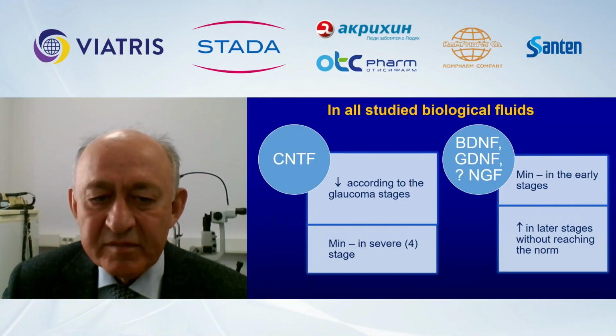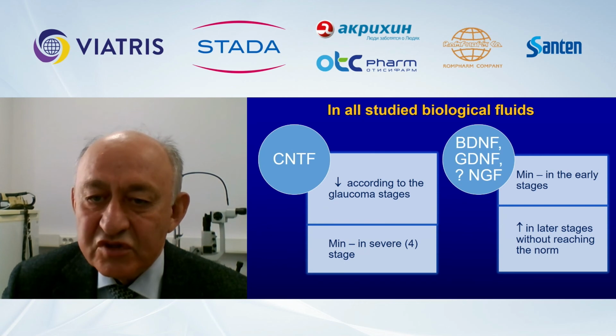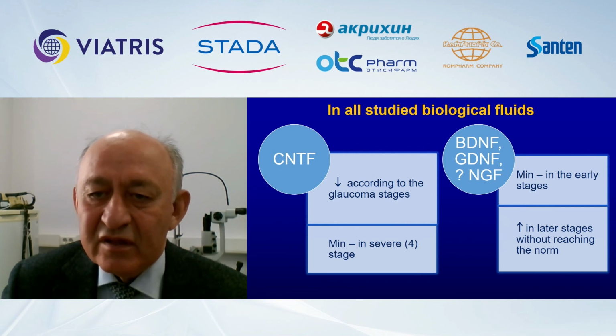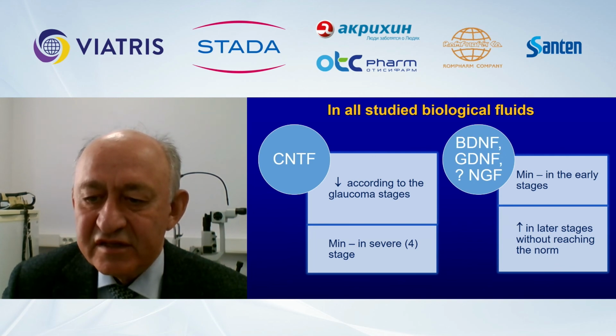In case of CNTF, this is a consecutive reduction with glaucoma progression, with the minimum at stage 4. For BDNF and GDNF, and possibly even for NGF, it appears that there is a minimum in initial stages and then an increase in the advanced stages that never reaches the normal range.